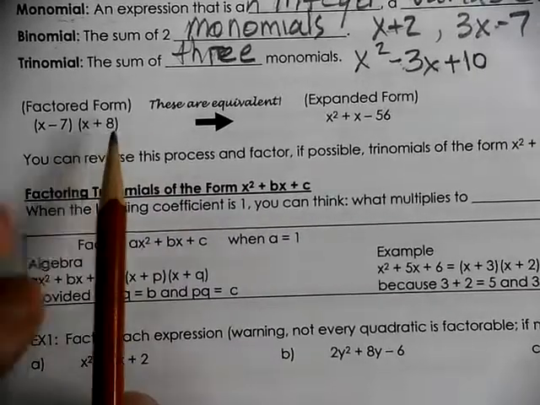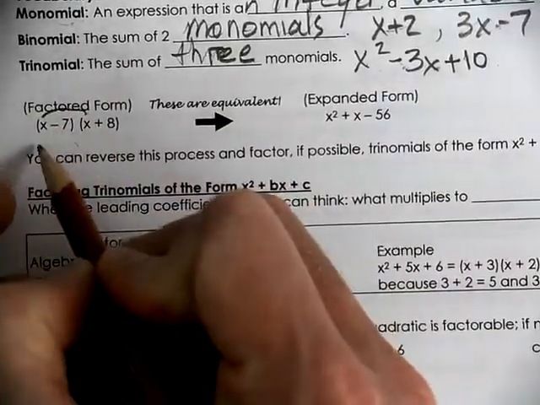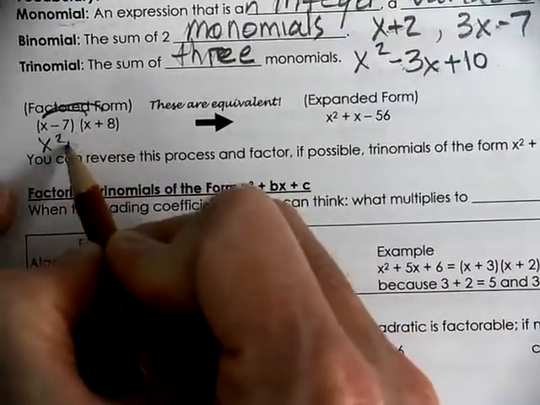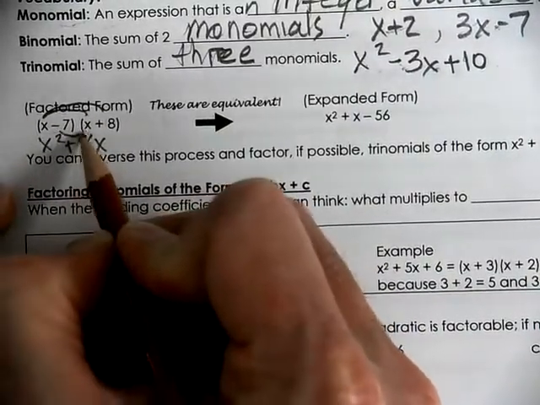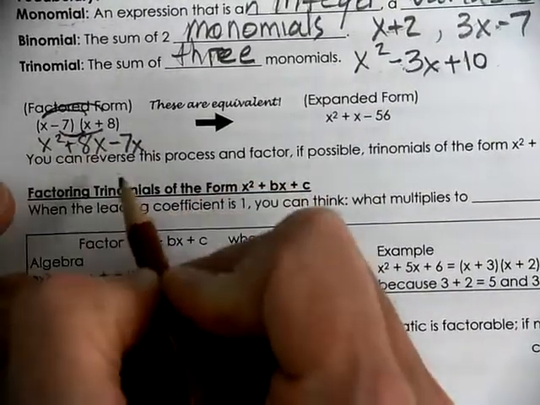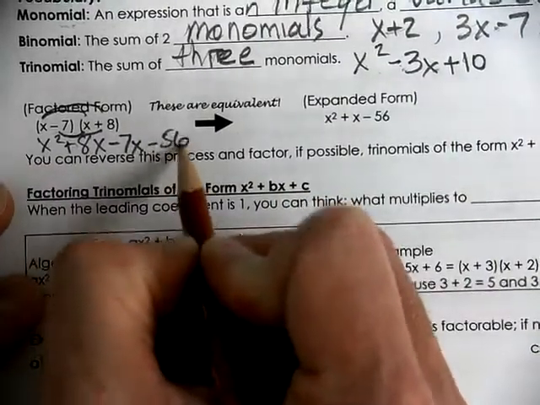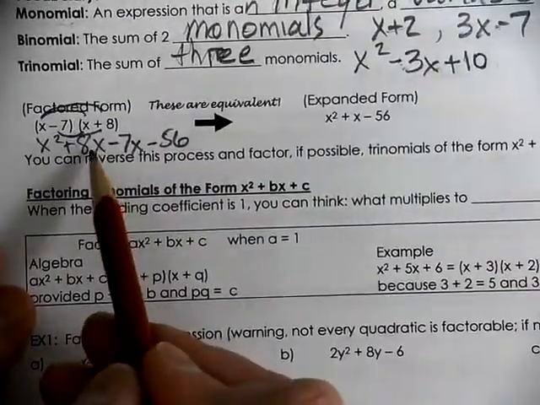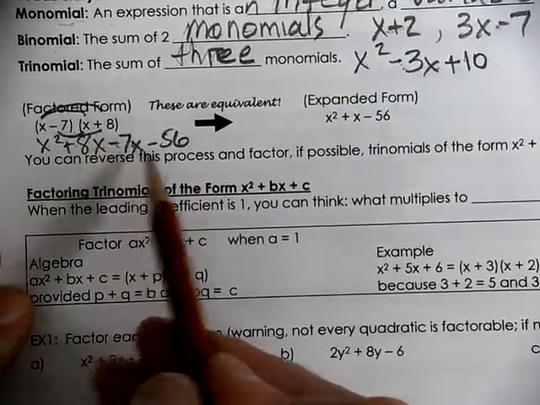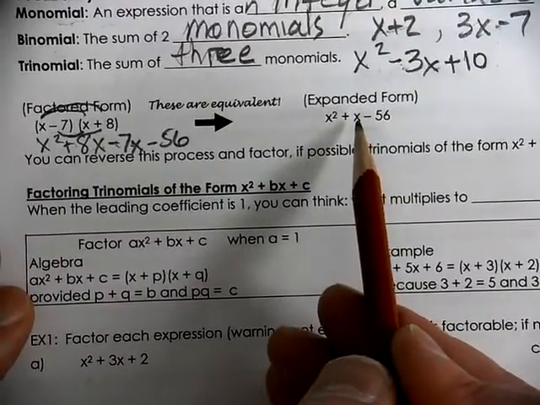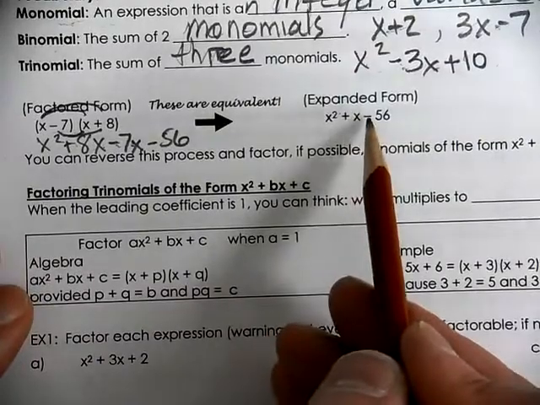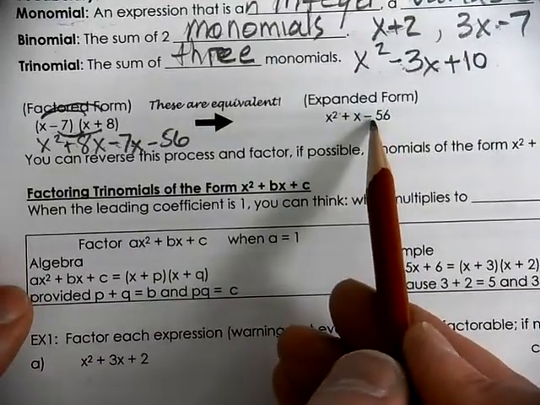When we multiply this, x times x gives you x squared, x times 8 gives you 8x, negative 7 times x is negative 7x, and negative 7 times 8 is negative 56. Your 8x and your negative 7x are adding together to be 1x, and that's how we expand this to become x squared plus x minus 56.